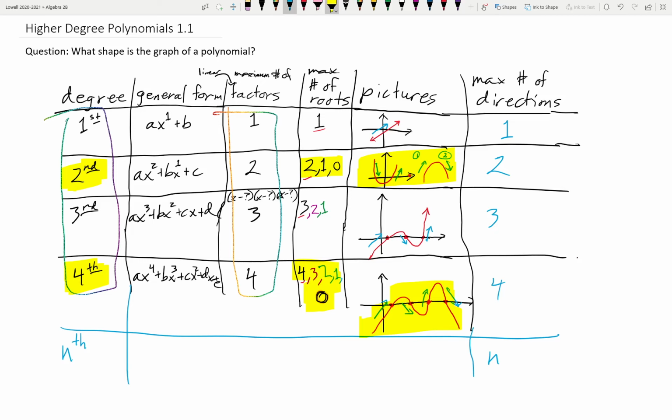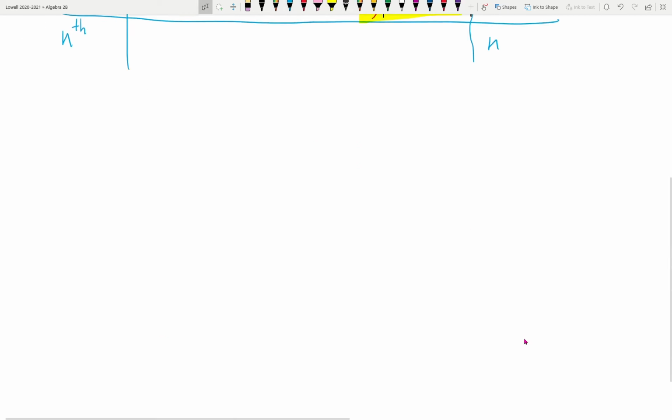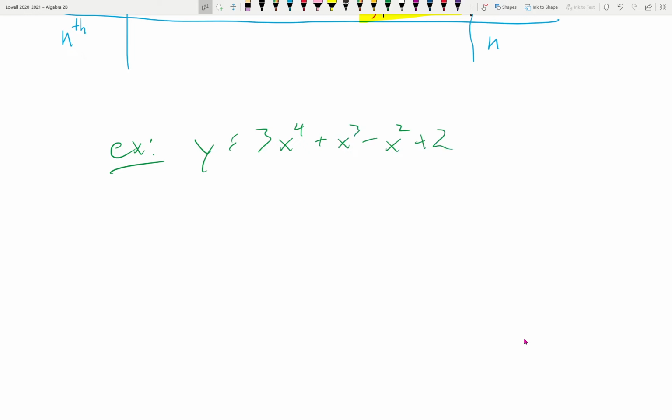Why is that? Well, let's look at this example. Say y equals 3x to the fourth plus x cubed minus x squared plus 2. And this is going to feel familiar based on what we talked about in horizontal asymptotes.